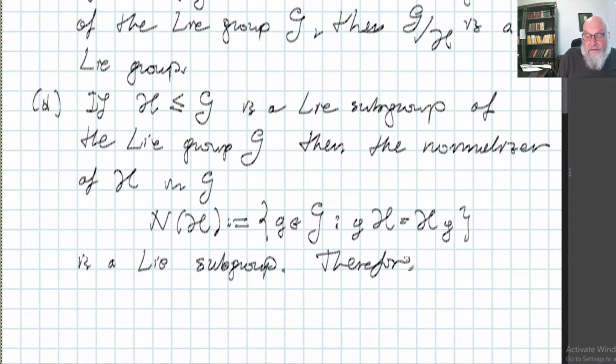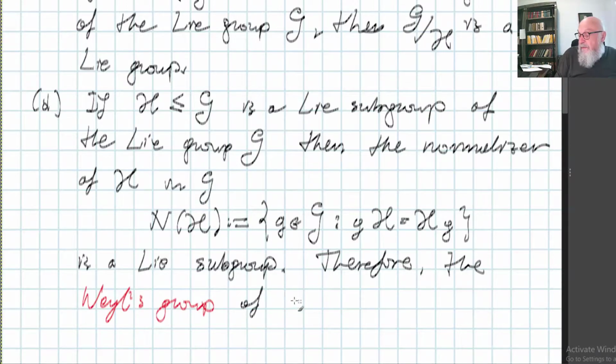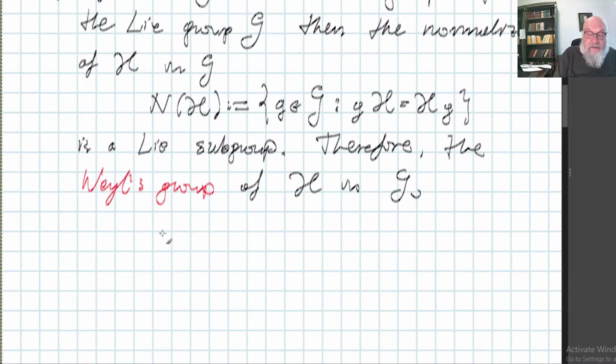Therefore, the Weyl group, the so-called Weyl group of H in G, which is exactly this set, so let me write it down.